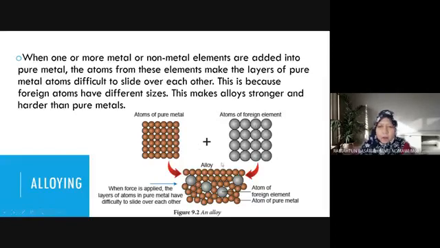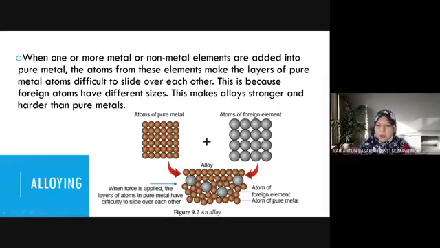So when we combine, the atoms of the foreign metal will fill in the atoms of pure metals. So when force is applied, the layers of atoms in pure metal have difficulty sliding over each other because there are atoms of foreign elements that block them. That blocks the atoms of pure metals from moving. This is what makes alloy stronger.